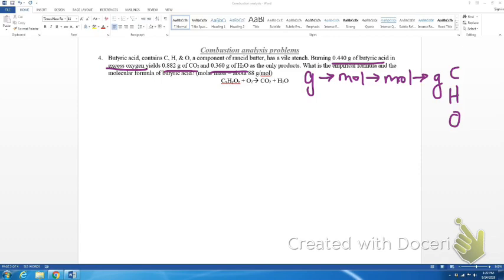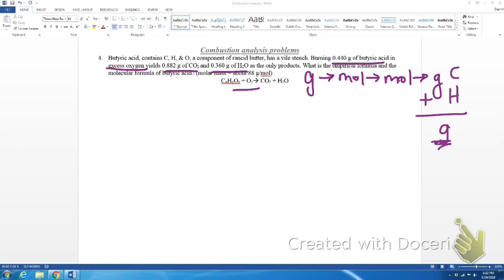Or actually, no, sorry. We're going to just do the grams for C and H because that doesn't make sense, because we're going to have both oxygens here. Sorry. We're going to do the grams for C and the grams for H, and then we're going to add those together, and we're going to have a grams here.